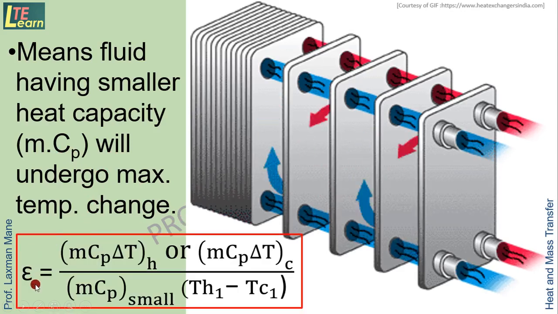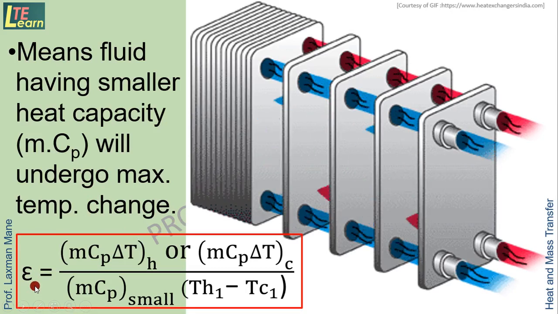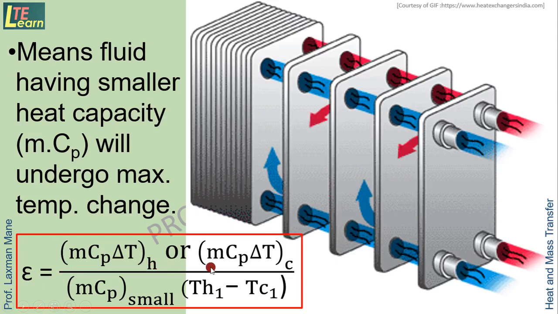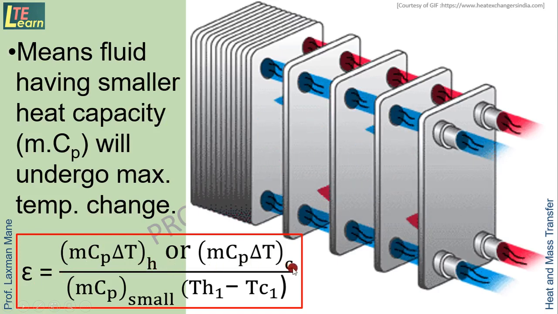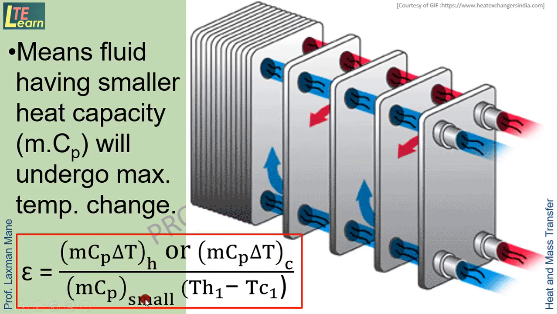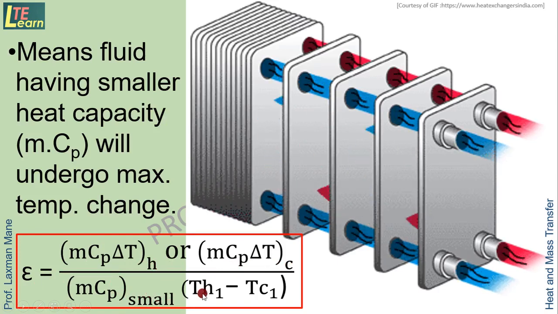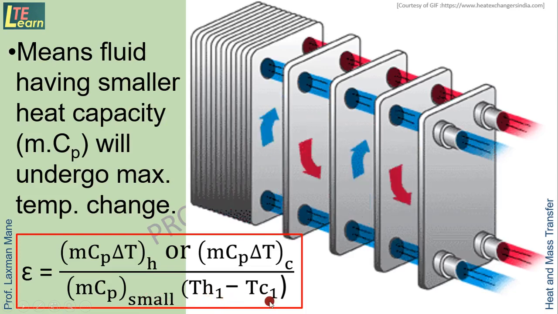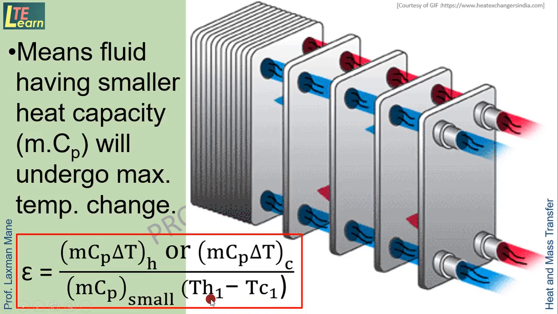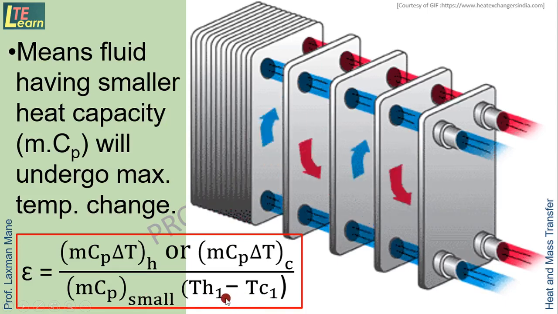Here the general formula of effectiveness is given in this way: mCp delta T of hot fluid or same of cold fluid divided by mCp of smaller value or smaller heat capacity multiplied by temperature difference at inlet, means TH1 and TC1.